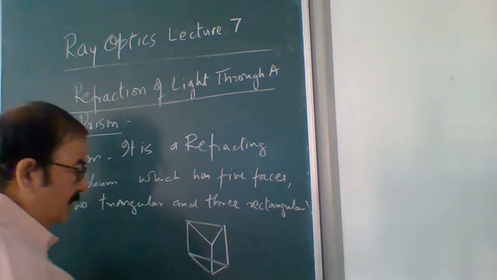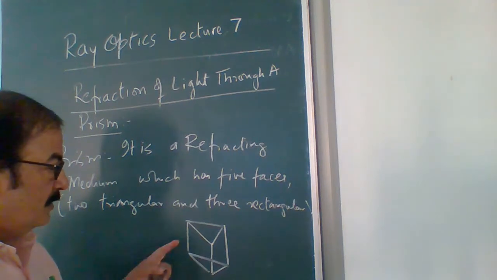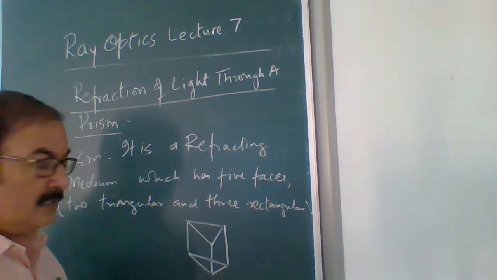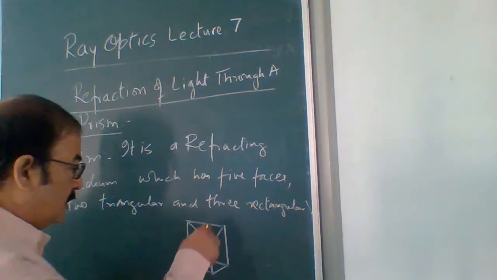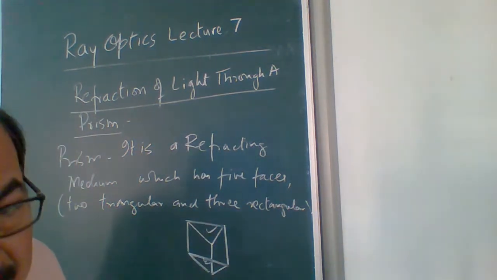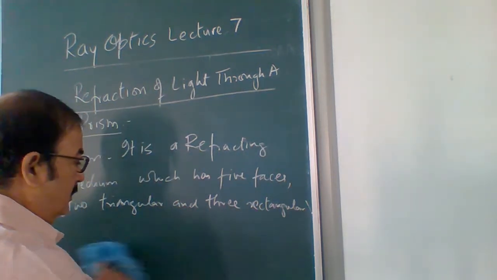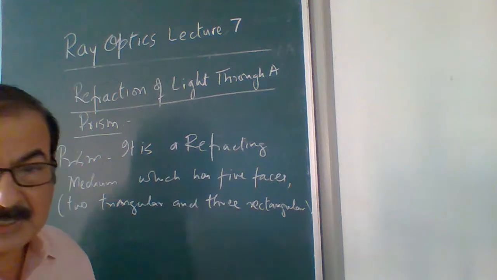You can see this is the nature of the prism, how we actually express it: one, two, and three rectangular faces and two triangular faces like this.